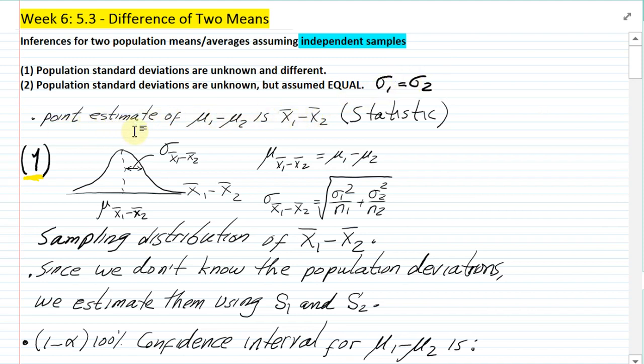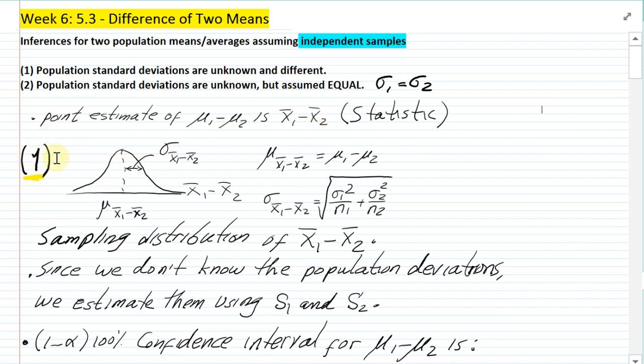How do we estimate the difference between two means, mu1 minus mu2? Well, let's take a look at the sample means, and we're just going to compare these two sample means. So our statistic is going to be x bar 1 minus x bar 2.